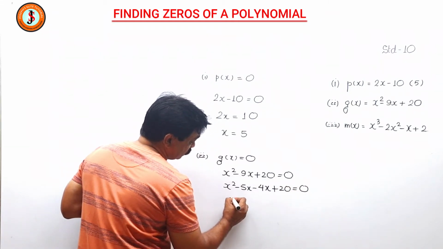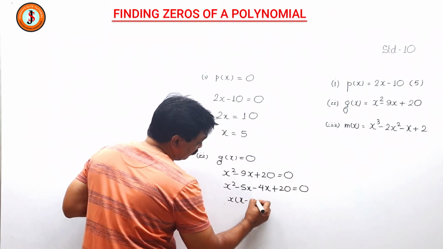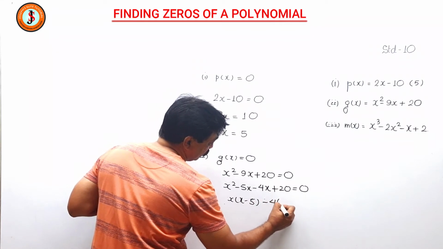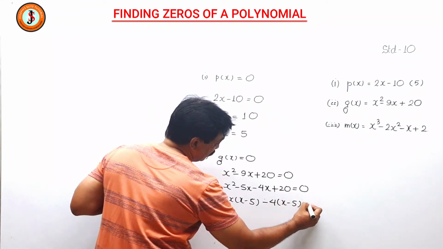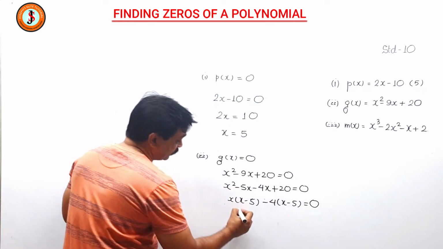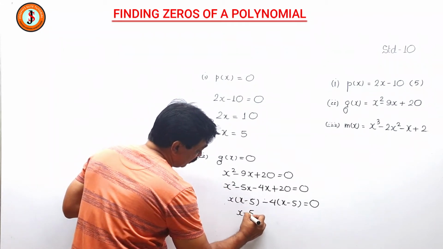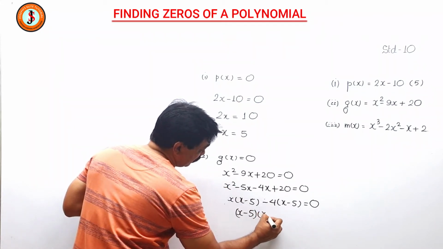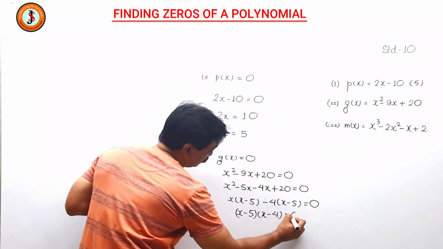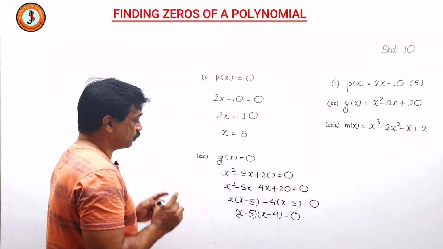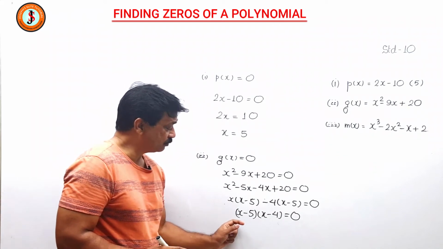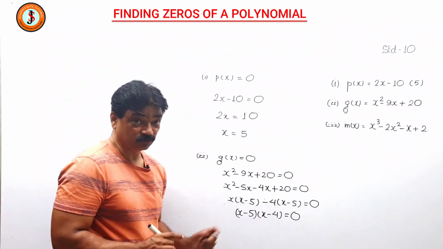So we take x common, so x minus 5, and we take minus 4 common, then x minus 5 is equal to 0. Now (x minus 5)(x minus 4) is equal to 0. So either x minus 5 is equal to 0 or x minus 4 is equal to 0.